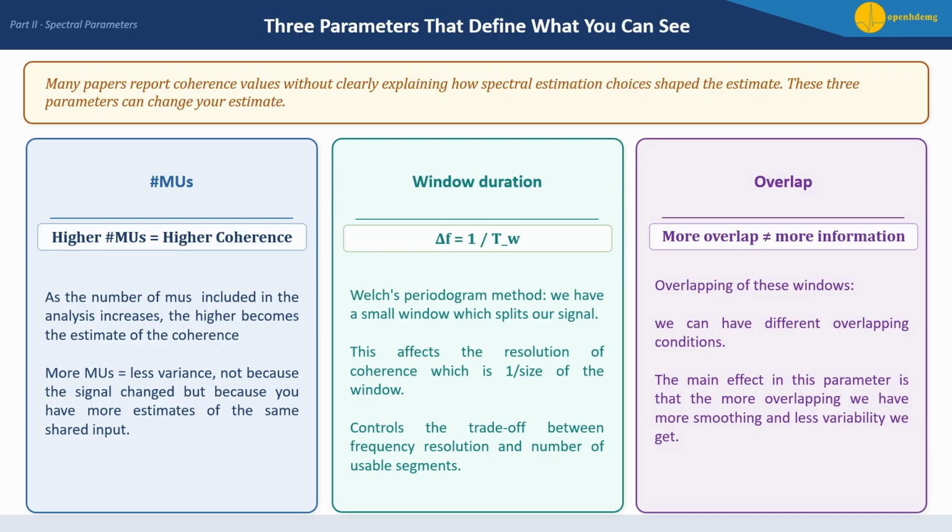And the third one is overlapping these windows, and we can have different overlapping conditions based on the hypothesis or what you actually need. But the main effect of this parameter is that the higher you go with the overlapping, the more smoothing and less variability you will get in the coherence estimate.